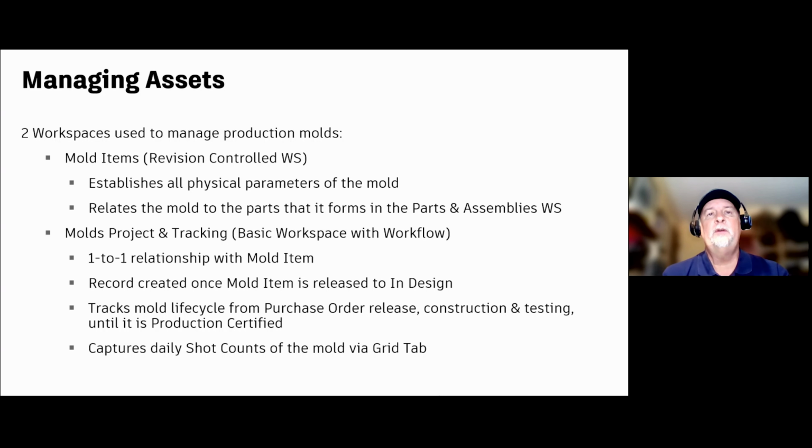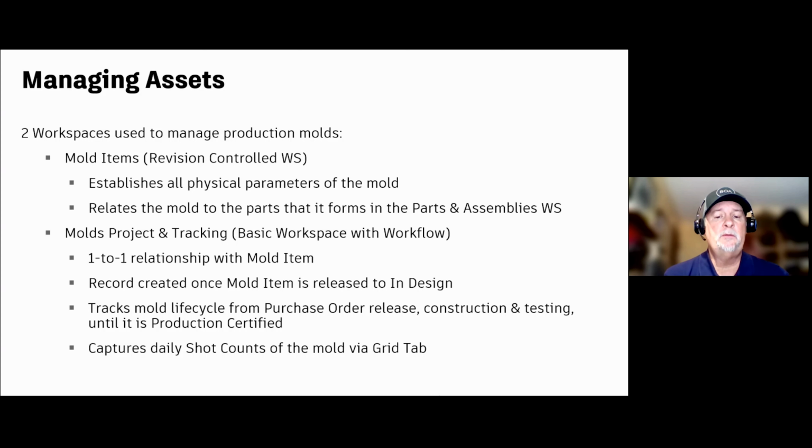The first workspace that we built was revision controlled to control the physical, metal, and design properties of the mold. Nothing there can change without an engineering change order using the change order workspace.